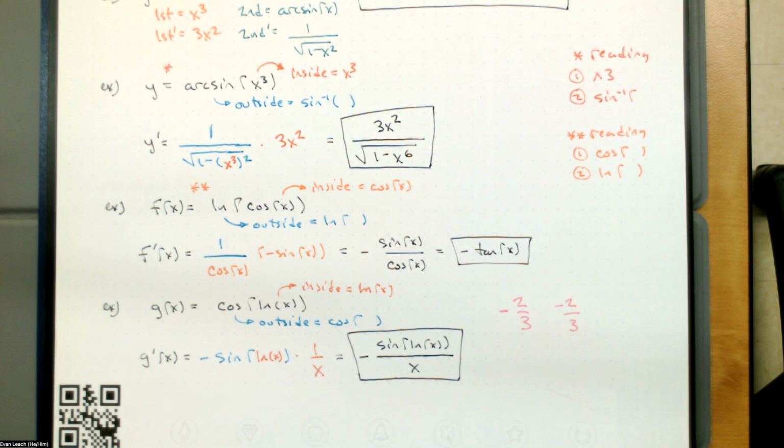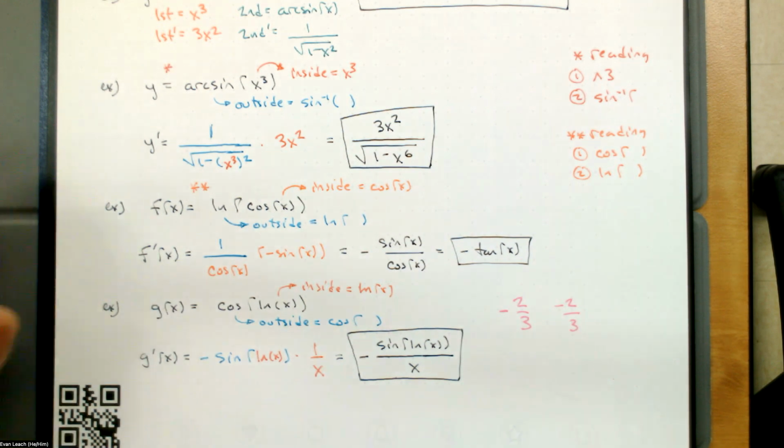I don't know if you had an opinion on this. I don't know if this just made you have an opinion on this. Some of you are like, oh, don't care, never cared, still don't care. Some of you are like, oh, now I'm starting to care. Damn it, Leach, why did you have to do this?